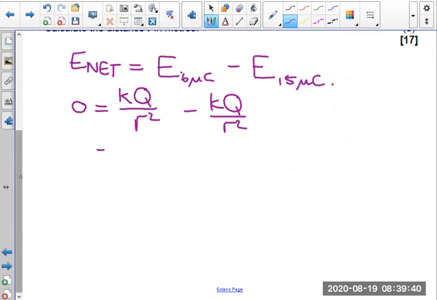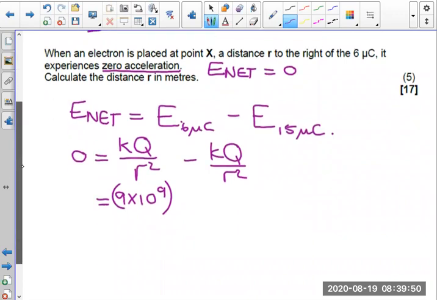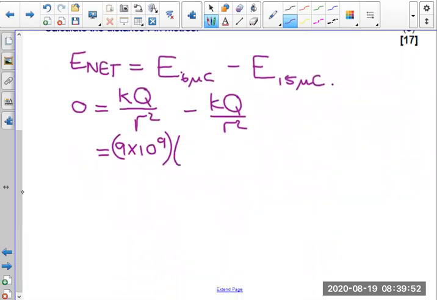K is still a constant, which is 9 times 10 to the power of 9. The first Q that I'm going to substitute is the 6. So I'm going to substitute in 6 times 10 to the power of minus 6, because micro is minus 6.